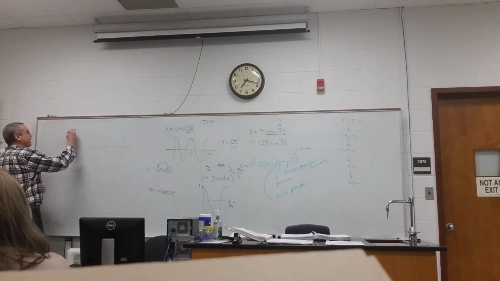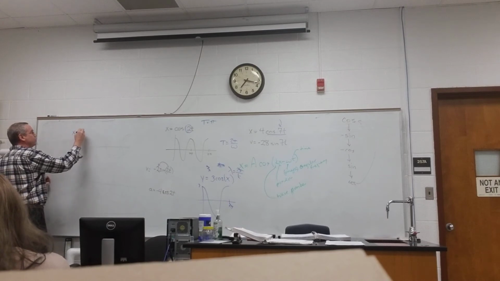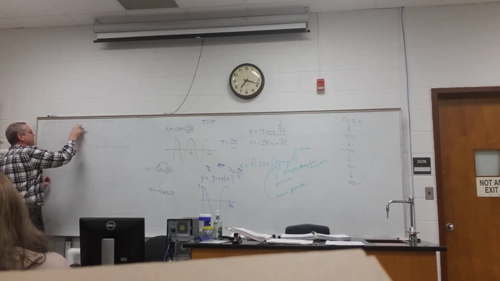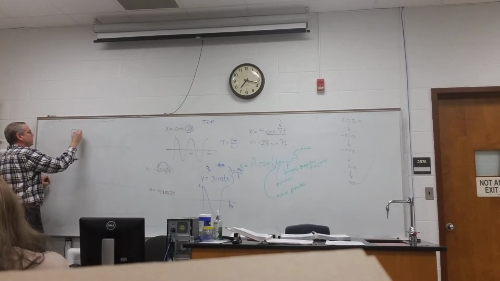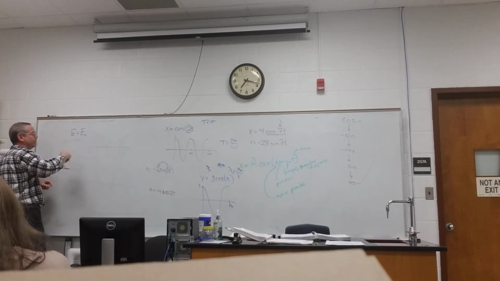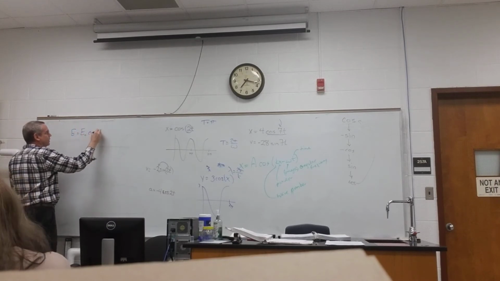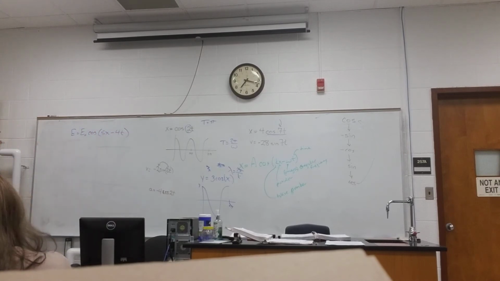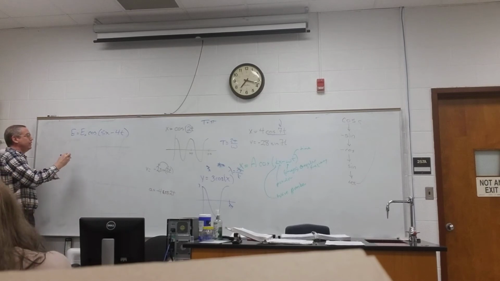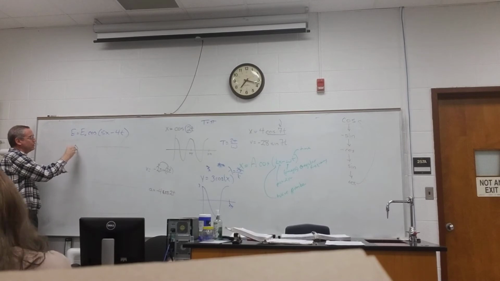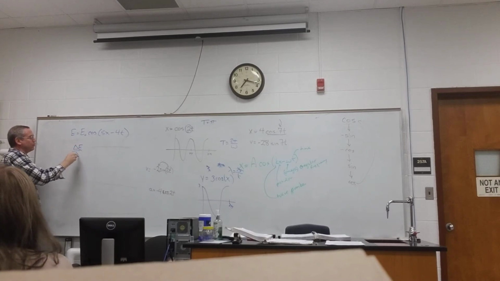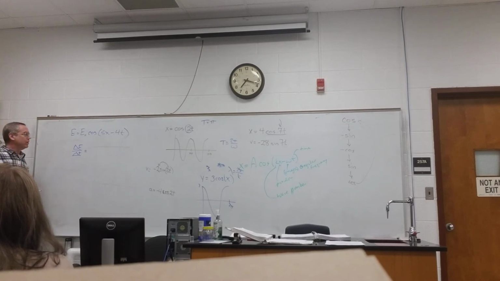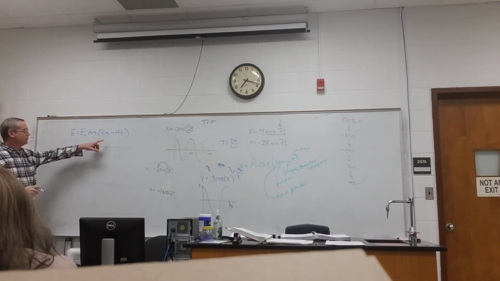All right, so if I have E is equal to some amplitude times the cosine of 5x minus 4t, then if I'm looking at the slope with respect to time, well, I care about the time piece.